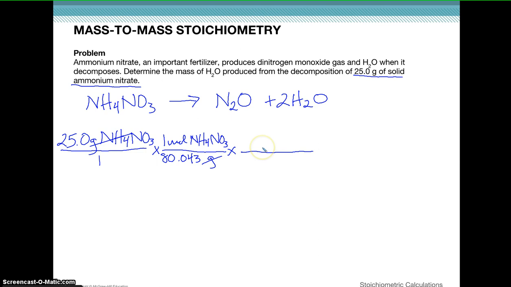Now we need to figure out what our unknown is, what we're trying to find. And it says determine the mass of H2O. Okay, so H2O goes on the top. 2 moles of H2O. 1 mole of ammonium nitrate goes on the bottom from our balanced equation.